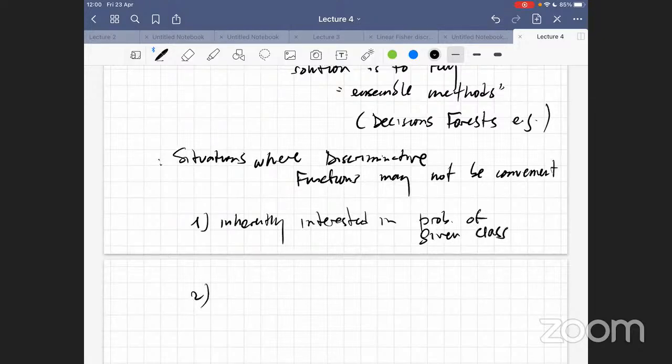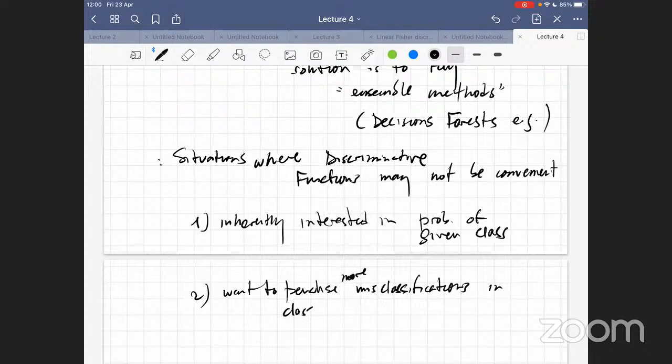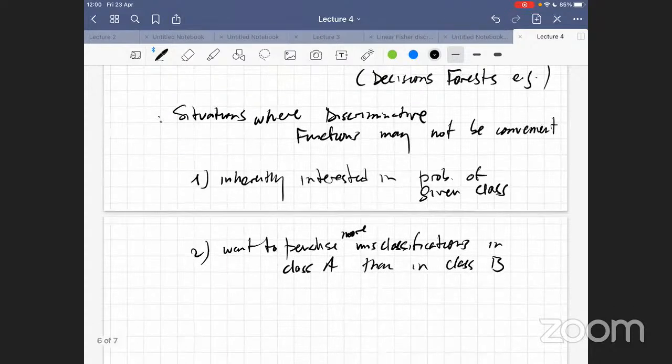Another situation is, imagine that you want to penalize misclassifications in class A more than in class B. How would you do that?